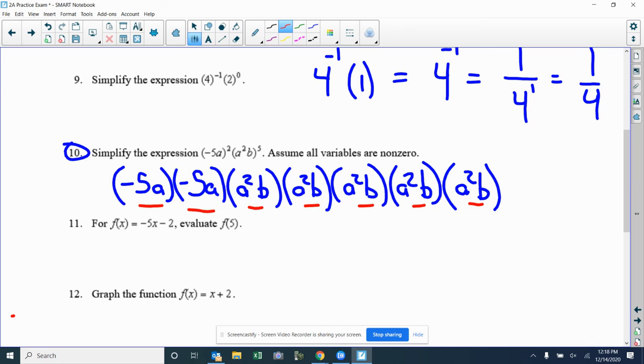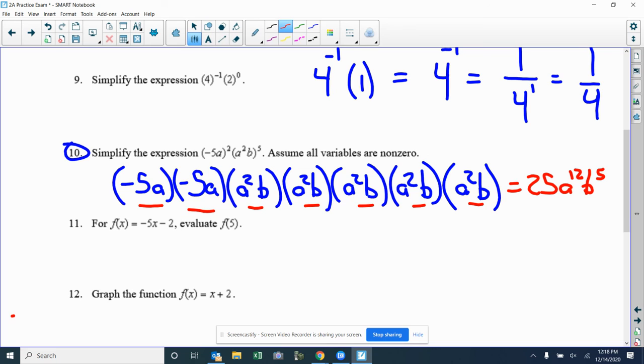Negative 5 times negative 5 gives me positive 25. Now add those a's: 1, 2, another 2 is 4, another 2 is 6, another 2 is 8, another 2 is 10, another 2 is 12. So a to the 12th. For the b's: 1, 2, 3, 4, 5. b to the 5th.